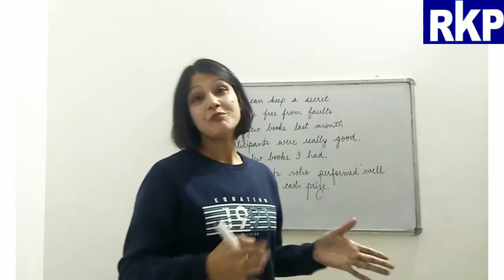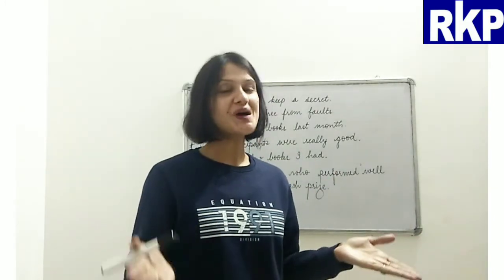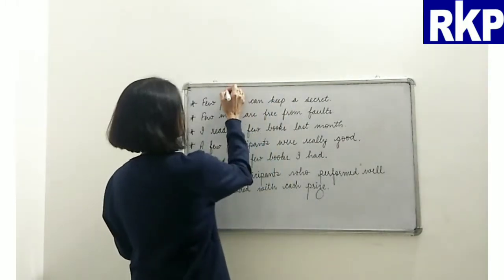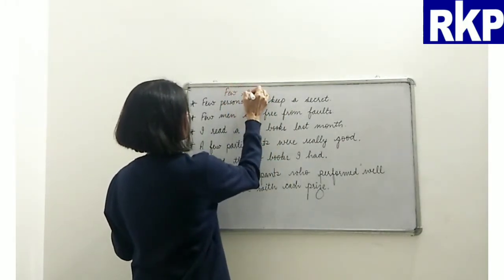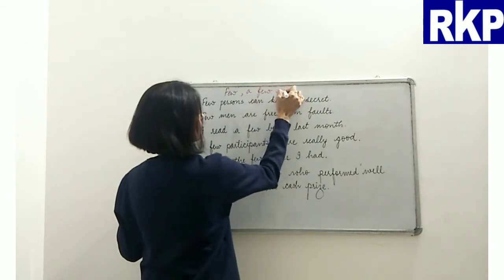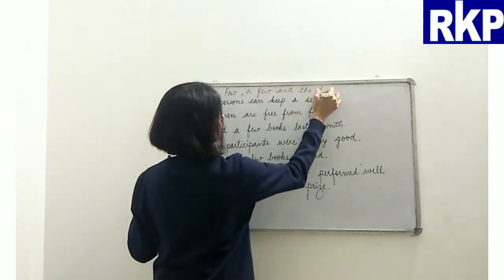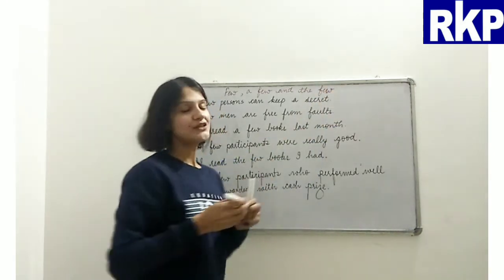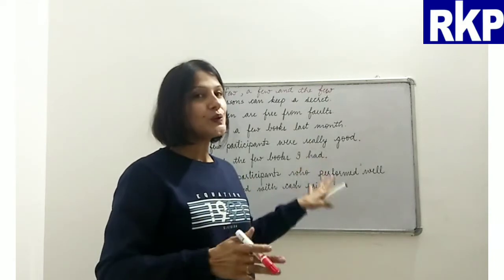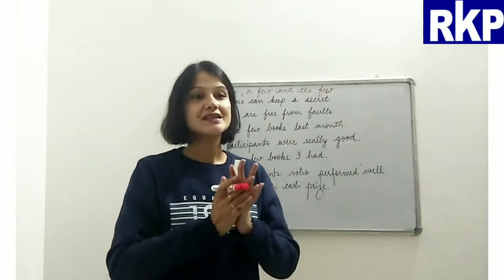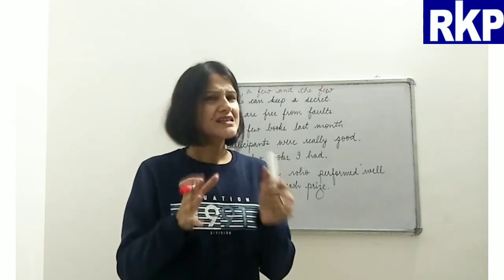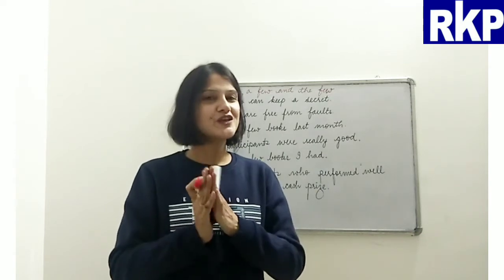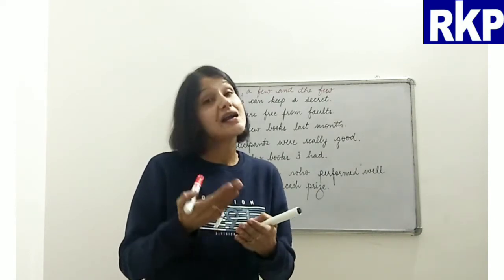And now we'll talk about few, a few and the few. Now beta, I would like to tell you that few, a few and the few is used in quite a similar way as we use little, a little and the little.